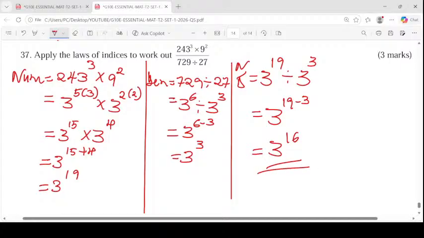When you apply the laws of indices, the answer becomes 3 power 16. That is what you get when you conduct that division by use of the laws of indices. So the answer becomes 3 to the power of 16. I've not used a calculator. I've purely used the laws of indices in solving the question.